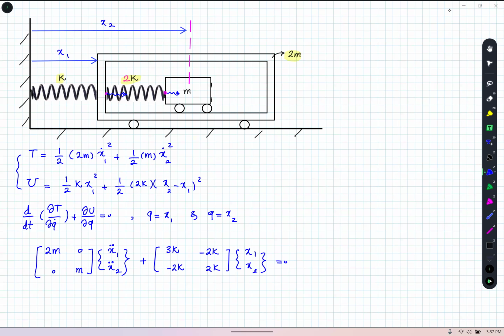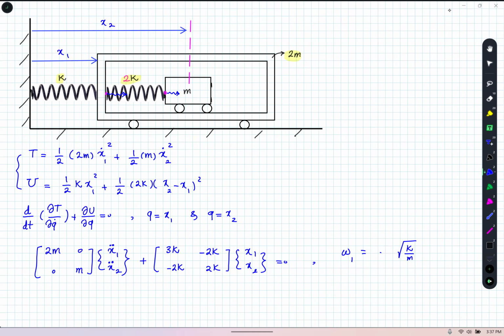So here we are. We got our differential equations in matrix format. From here, we know how to find the natural frequencies and the mode shapes. If I do the math, and I'm just going to write the result here, I'm going to get my first natural frequency, which is 2.52 K over M. Sorry, that's my second natural frequency.